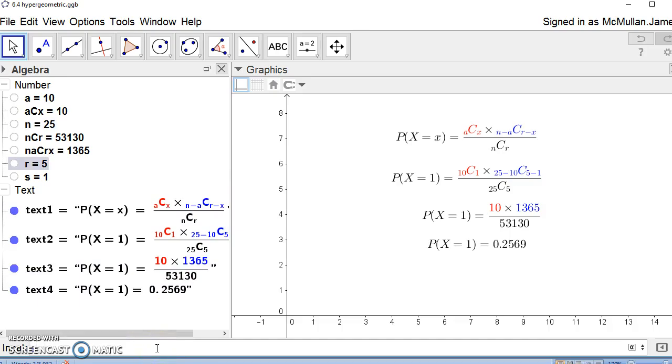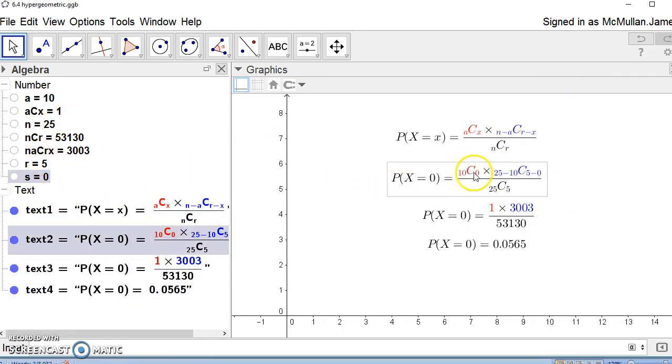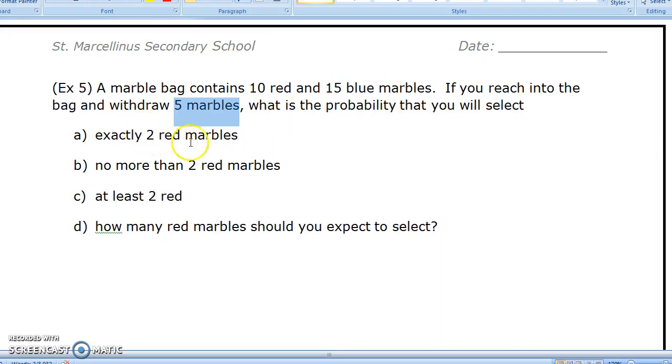Now again, we'll set S to be how many successes we want, how many of the 10 red marbles we're interested in. So if we want exactly 2 red marbles, this is going to be 10 choose 2, times the 15 blue marbles choose 3, divided by the 25 marbles choose 5. That's the formula we're going to be using again and again.